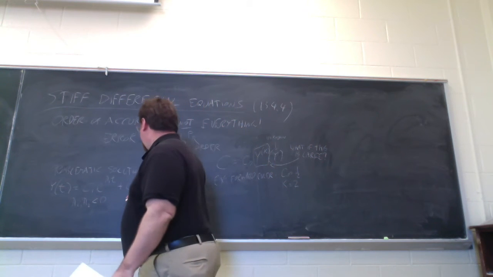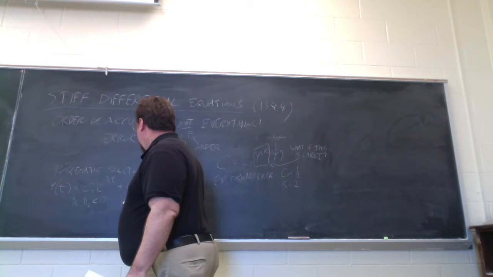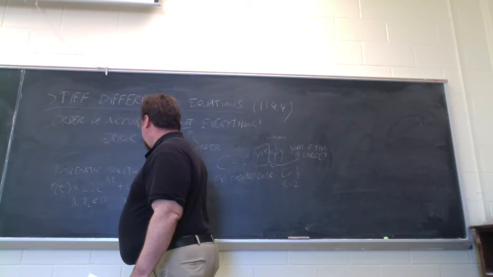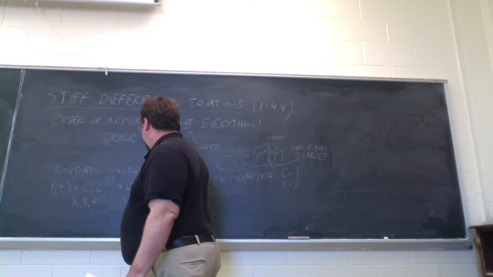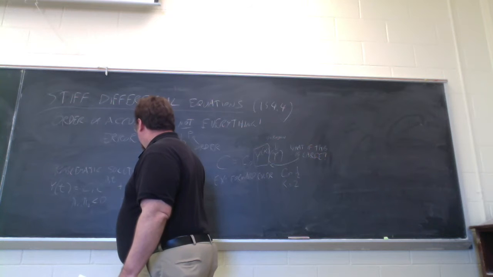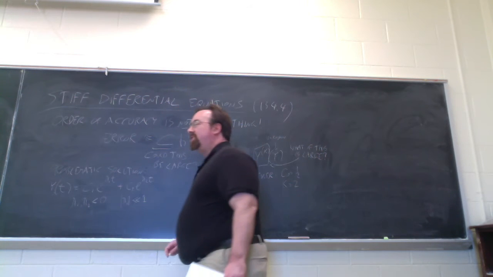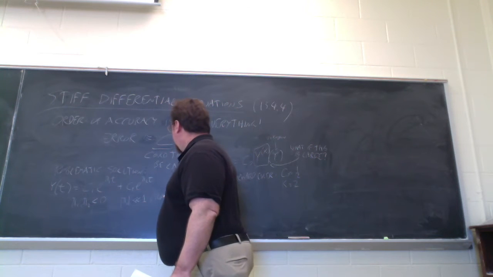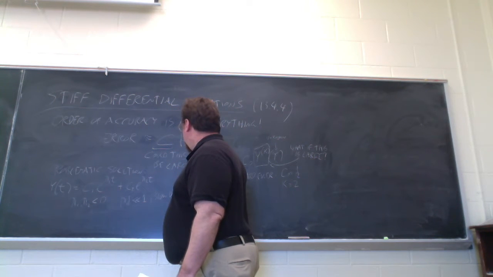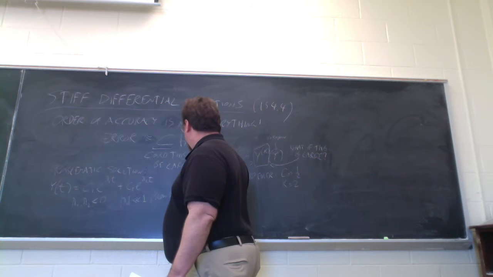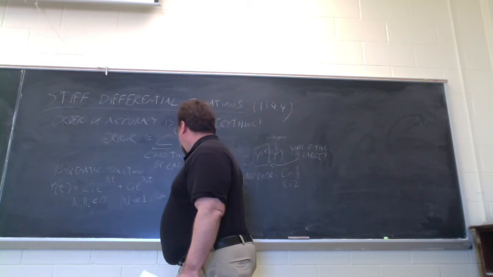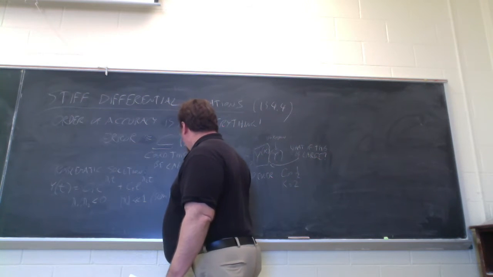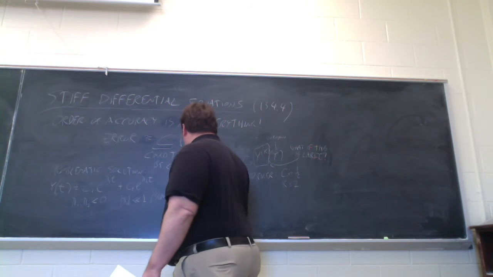Then we'll also assume that lambda 1, this negative number, is, just to make it easy, much less than 1 in magnitude. So it's a nice small number. And that means slow decay to 0. So something like that. It's taking its time getting there.